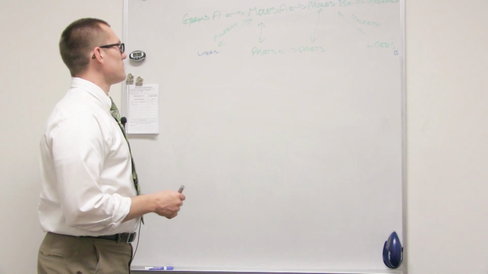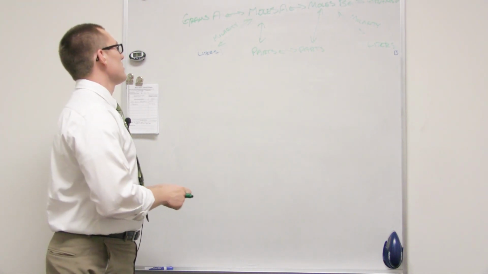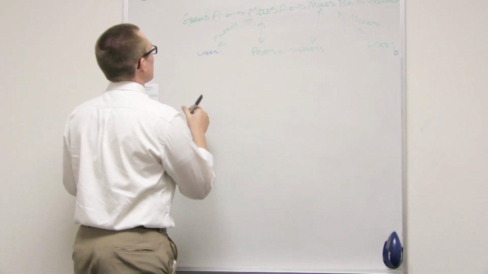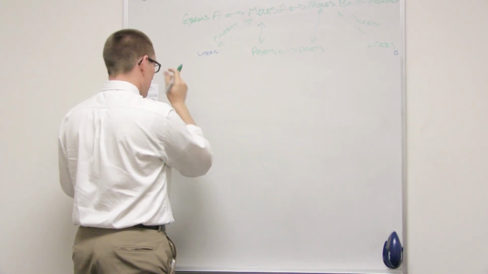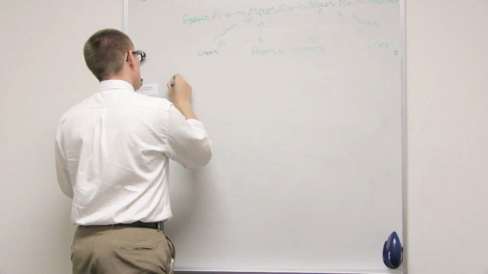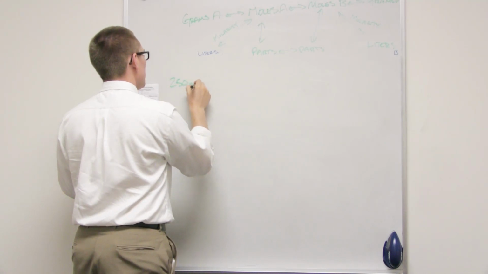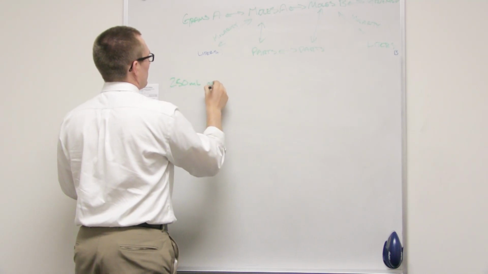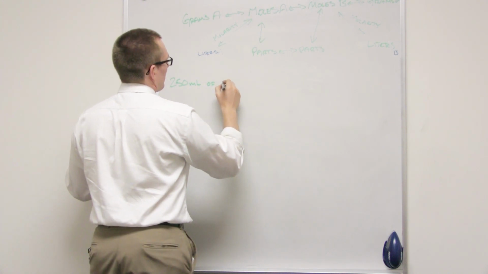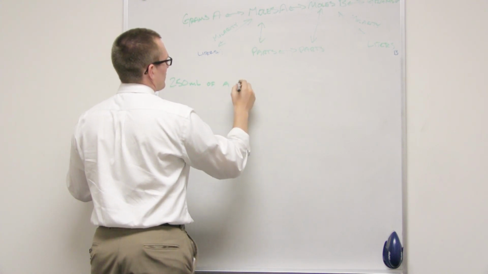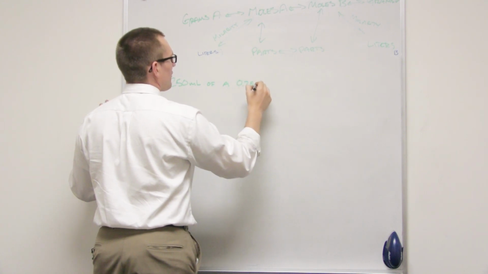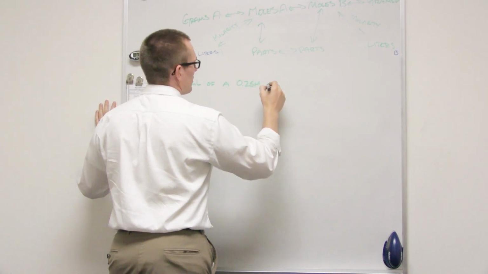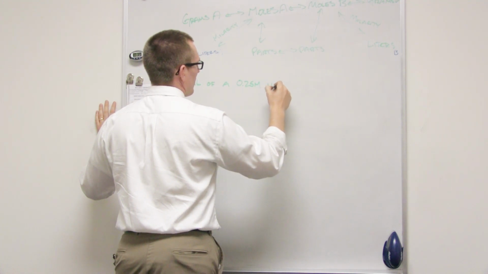Let's try another example. So let's say we have 250 milliliters of a 0.25 molar solution of NaCl.